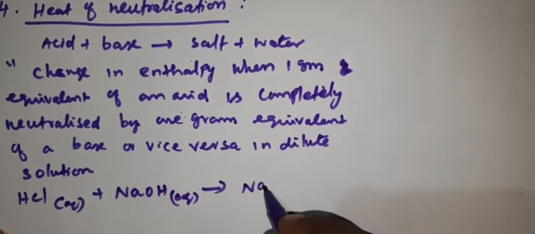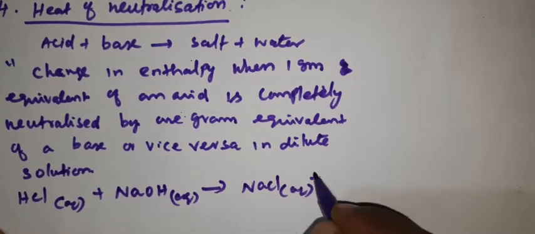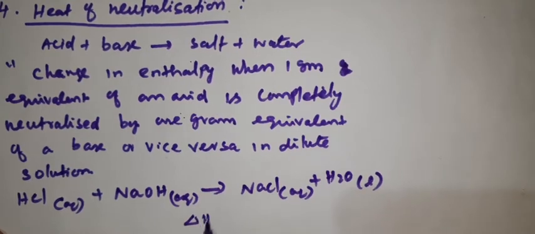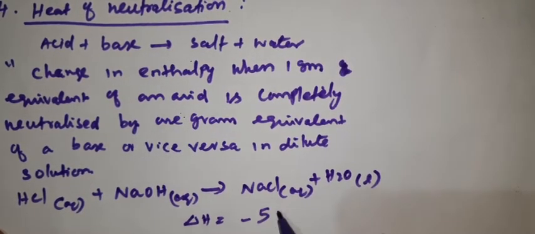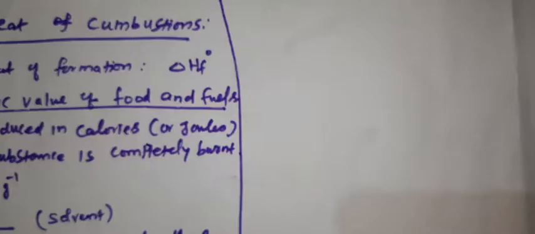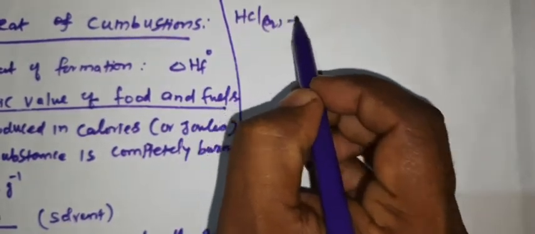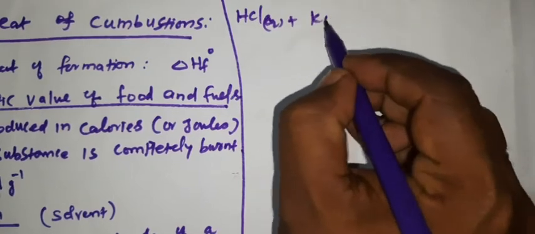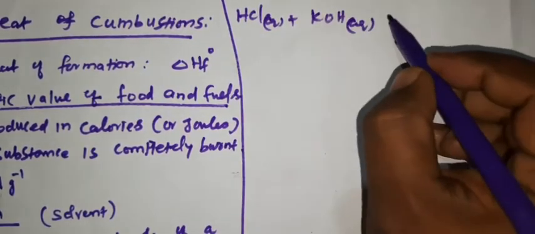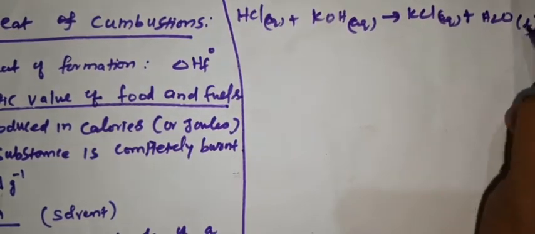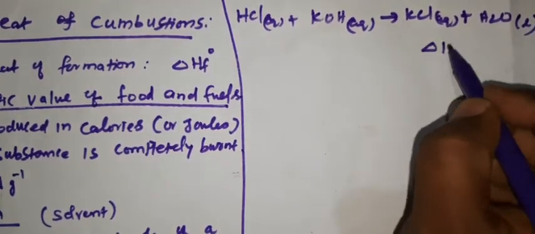We will get NaCl aqueous plus H2O liquid. Here the delta H value is equal to minus 57.32 kilojoules. Likewise, we can write HCl aqueous, and instead of NaOH we take KOH aqueous. We get KCl aqueous plus H2O liquid. Here also the delta H value is equal to minus 57.32 kilojoules.